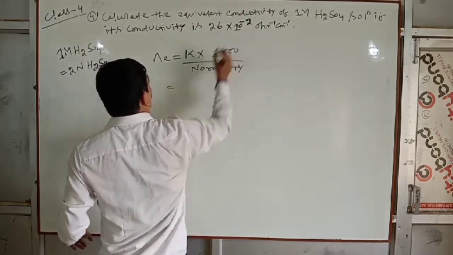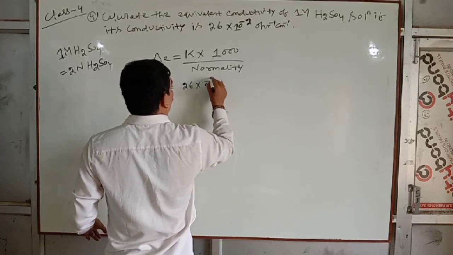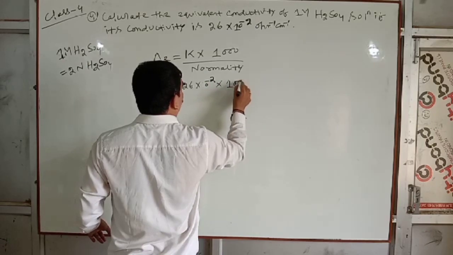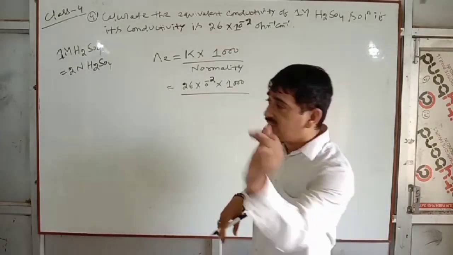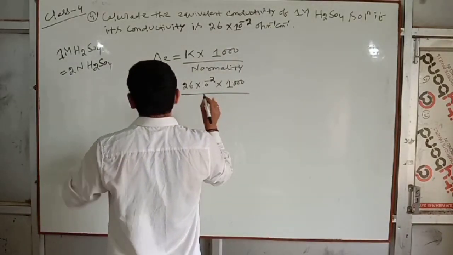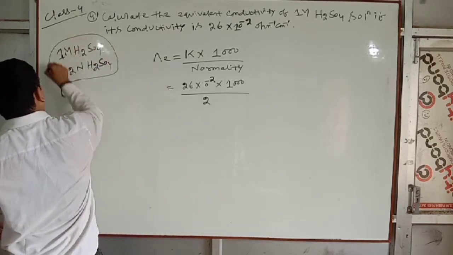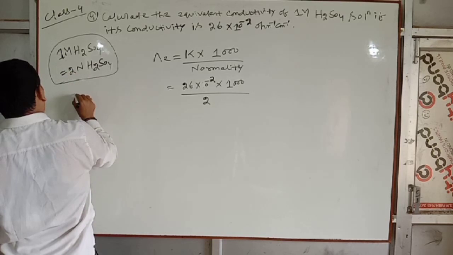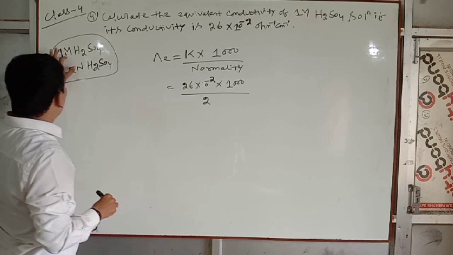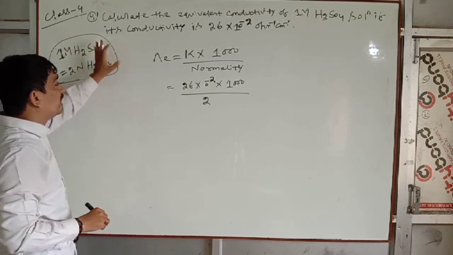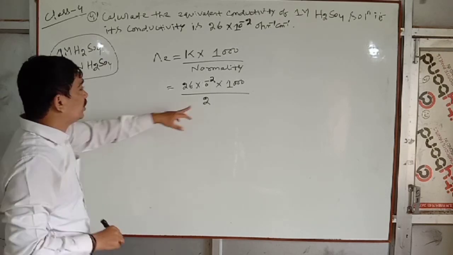Kappa is given as 26 into 10 to the power minus 2, into 1000 divided by normality. Normality is how much? Normality is 2, because 1M H2SO4 equal to 2N H2SO4. Normality equal to n into molarity, so here n equal to 2, and normality equal to 2.